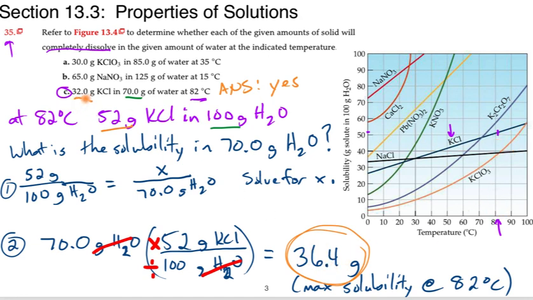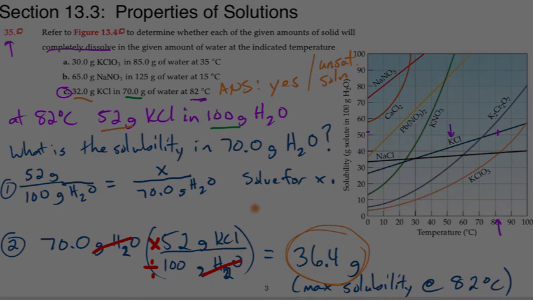Well, 32 grams is less than 36 grams. Therefore, yes, it will all dissolve in solution. So basically, we could also call it an unsaturated solution. This is one of the most common types of questions that you would encounter for using the solubility graph and solubility calculations.